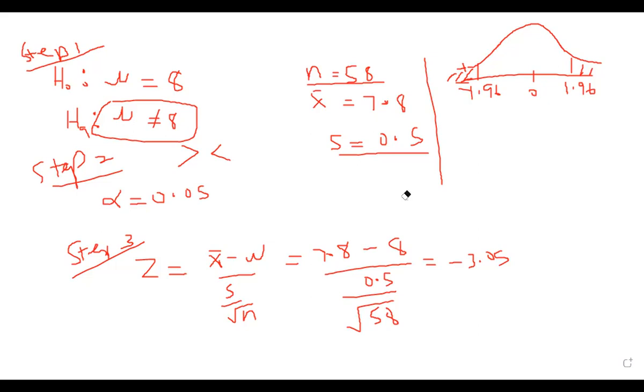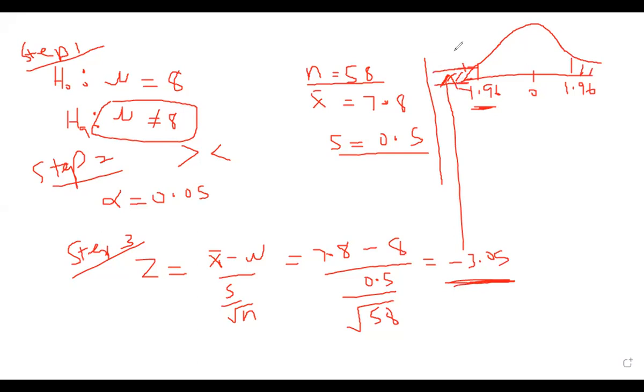So we will compare the calculated value, which was based on the sample data, and that is negative 3.05. And clearly, negative 3.05 is way on the left, way below your minimum critical value here. So if you plot it, it lies within your rejection region.